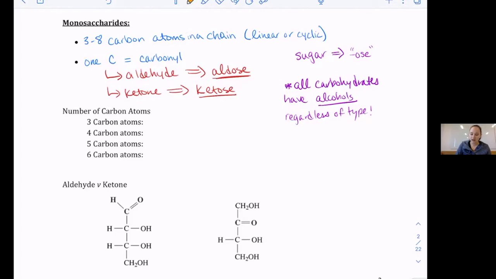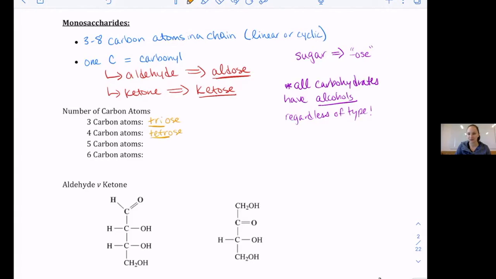So a 3 carbon atom carbohydrate would be a triose. Tri is the prefix here for 3. The prefix for 4 is tetr, T-E-T-R.